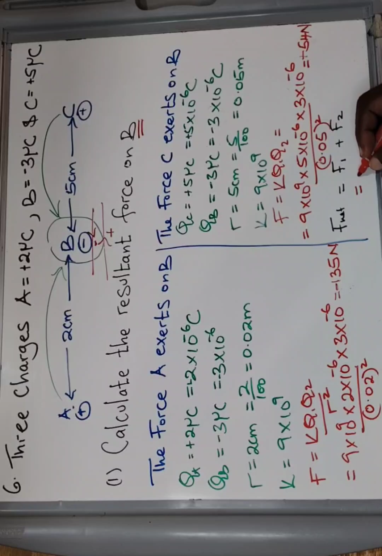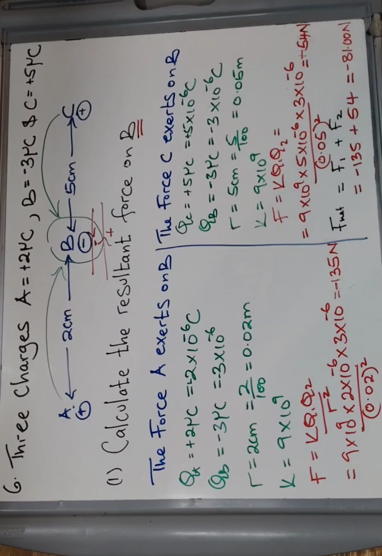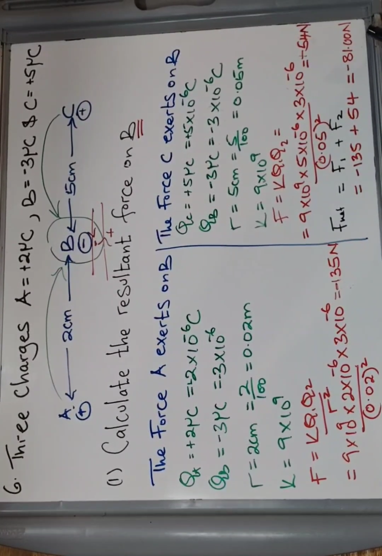F1, we got it as negative 135 newtons. And what is F2? It is 54 newtons. So what do we get out of that? Let's see. So that is what we get. Negative 81 newtons.